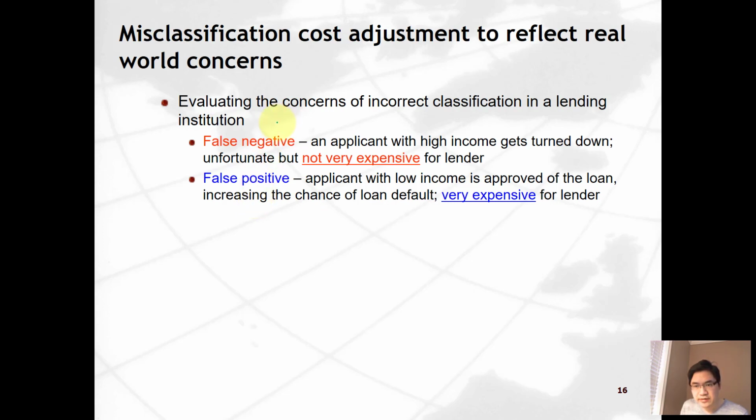So in the case of loan approval, or the lending case based on people's income levels, because a false positive is more expensive here due to the loss of income from a defaulted loan, the algorithm should try to minimize false positive more so than to minimize false negative.